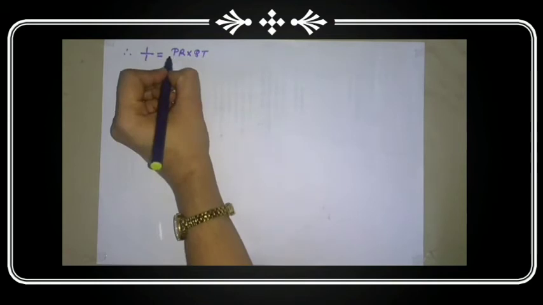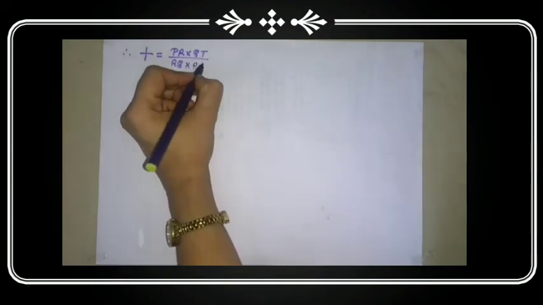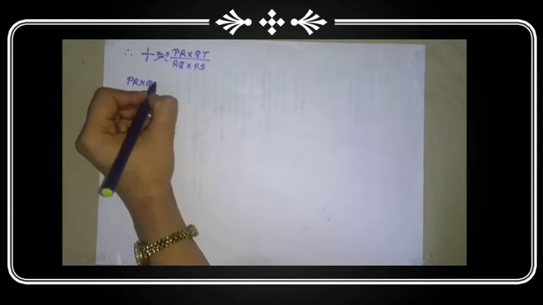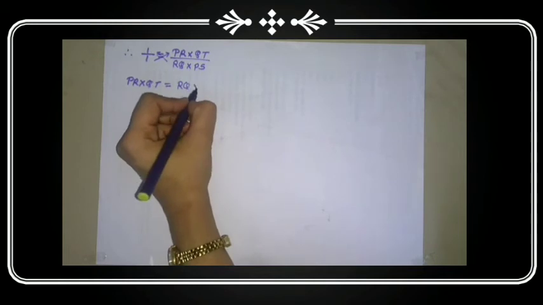Both triangles are equal, that is 1 divided by 1 equals PR into QT divided by RQ into PS. By cross multiplication, PR into QT equals RQ into PS.